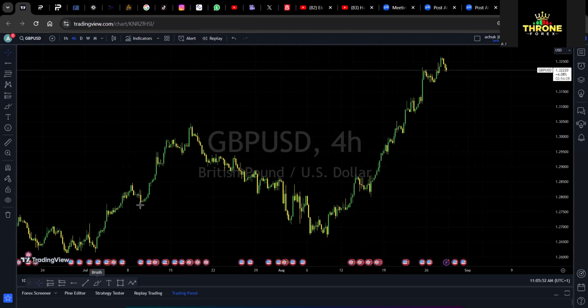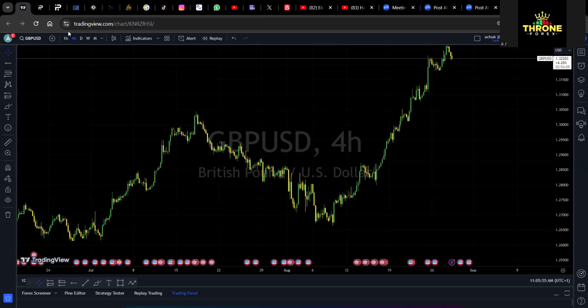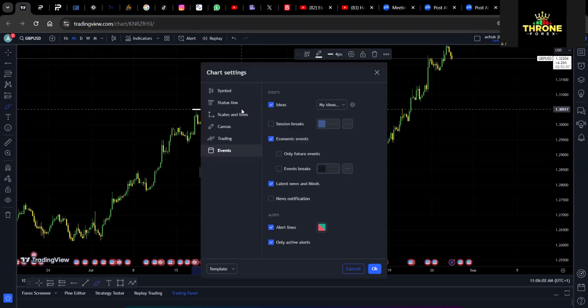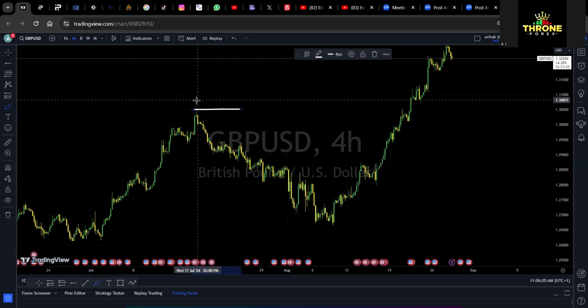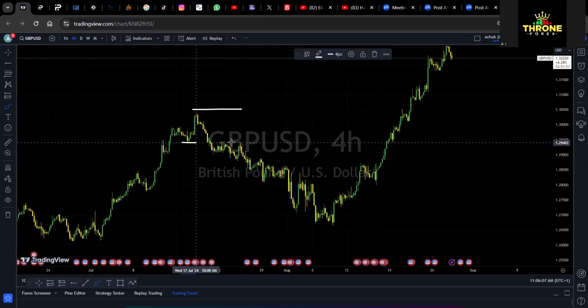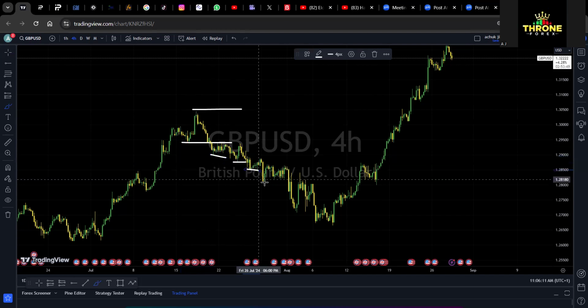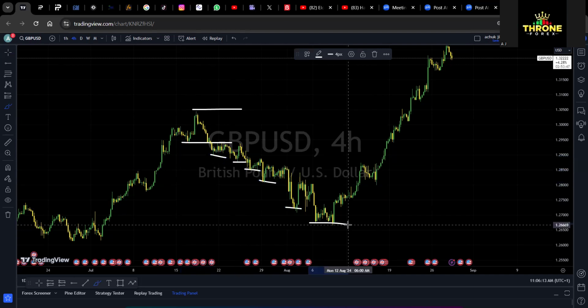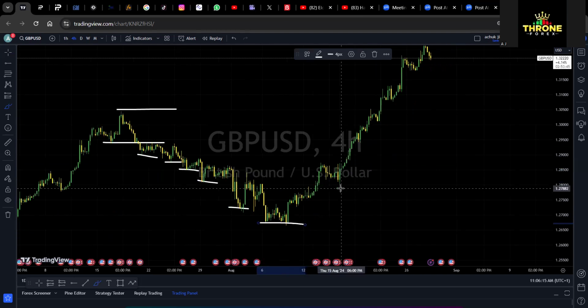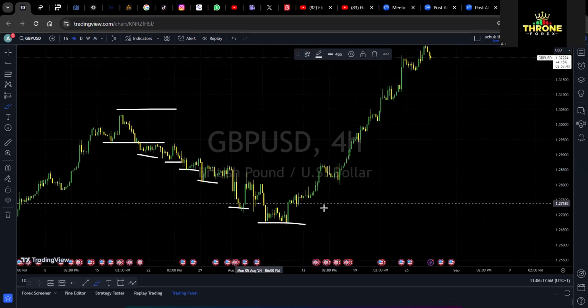So let's say this is the 4 hourly, because we're also on time, the pair, the tools. So let's say this is our high. So you can see from here, this high, the market came to break this low, and then it continued to break the lows. The lows were constantly being broken until the market went up and then broke here.